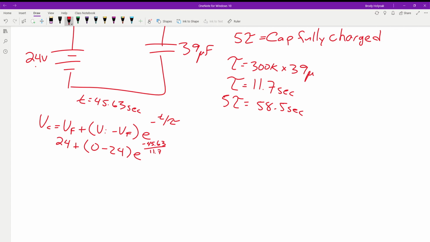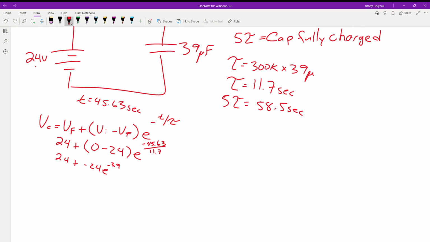We plug this into our calculator, so we're going to get 24 plus a negative 24 times e to the negative 45.63. We divide that by 11.7 to get negative 3.9. So we go e to the negative 3.9.